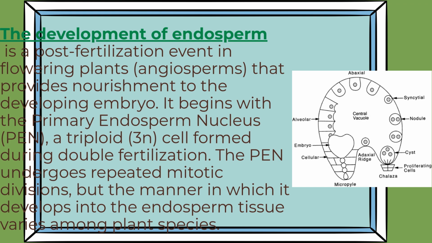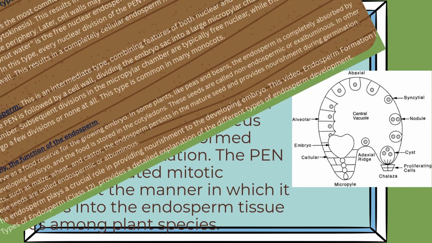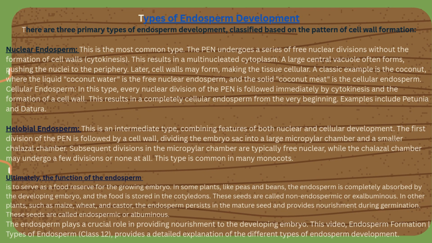The PEN, meaning primary endosperm nucleus, undergoes repeated mitotic divisions, but the manner in which it develops into the endosperm tissue varies among plant species.